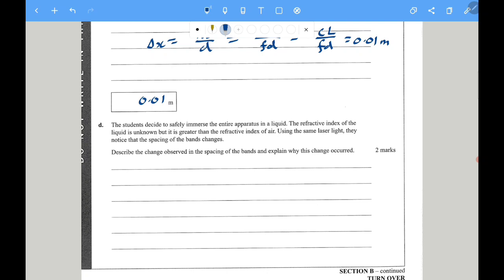So let's see how the wavelength of light is affected. All right, so that's the important detail here. The refractive index of the liquid is unknown, but it is greater than the refractive index of air. All right.